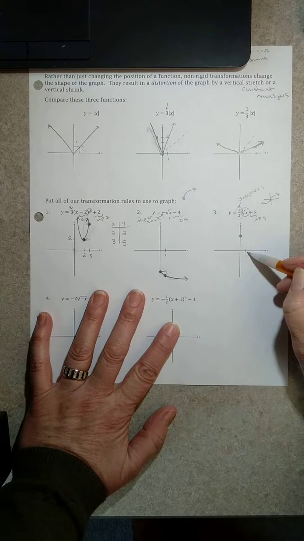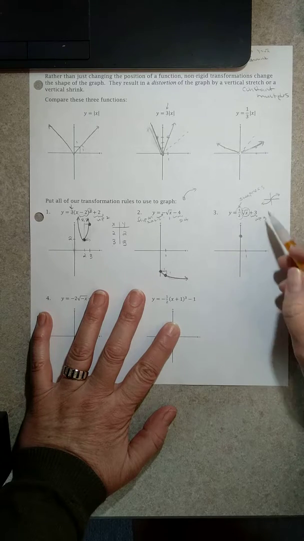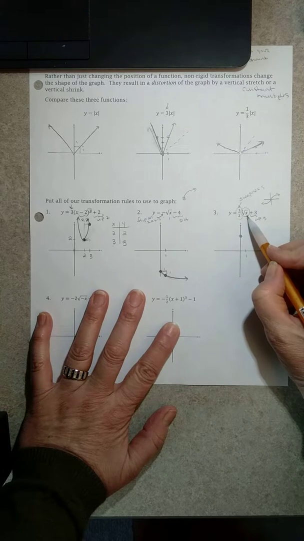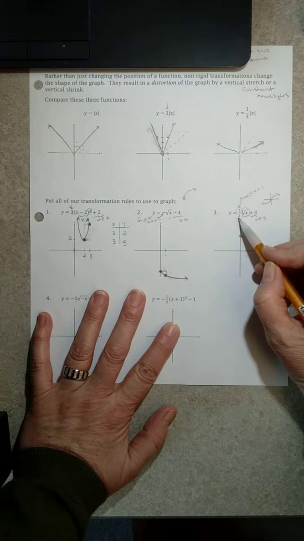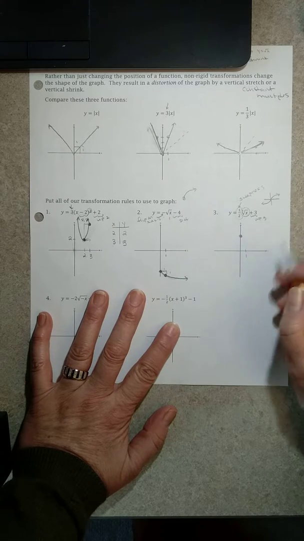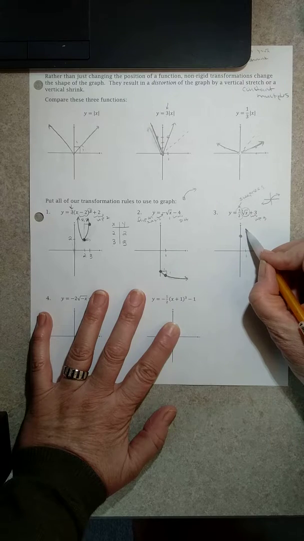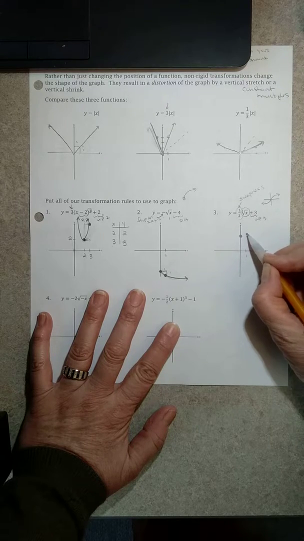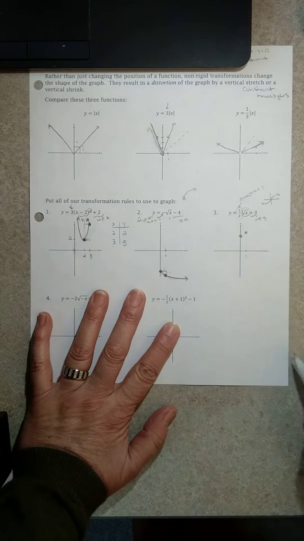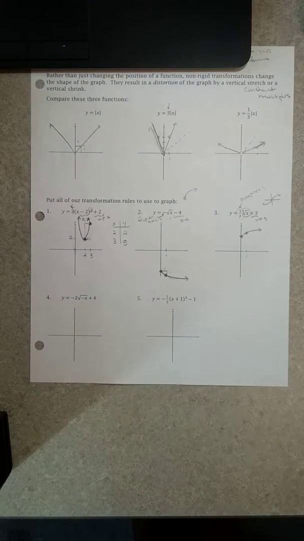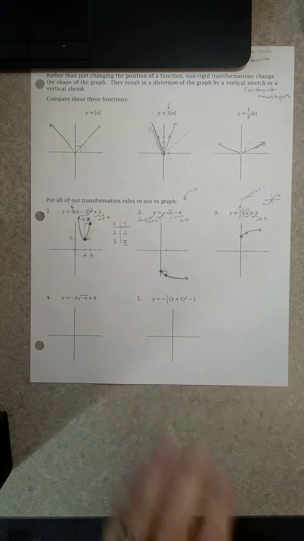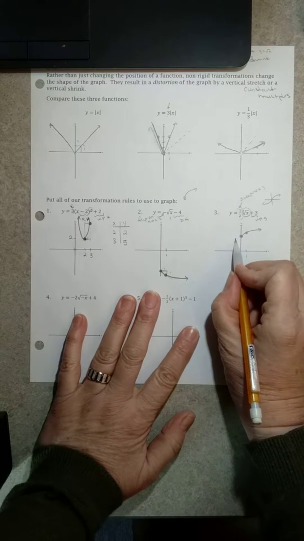That's always a good option to see what's happening out here. This 1, when it goes in, is going to get dampened to 1/2. And so my y value, instead of being up here at 4, where I'd expect it to be, it's only going to be 3.5. And so I'm going to have a little less steepness to that cube root because of that dampening 1/2. And over here, the same thing is going to happen.